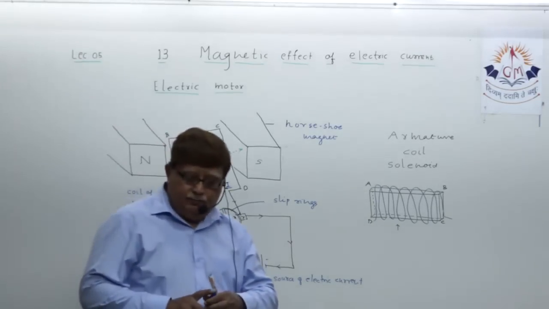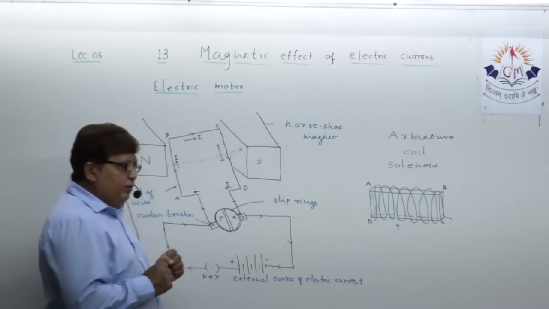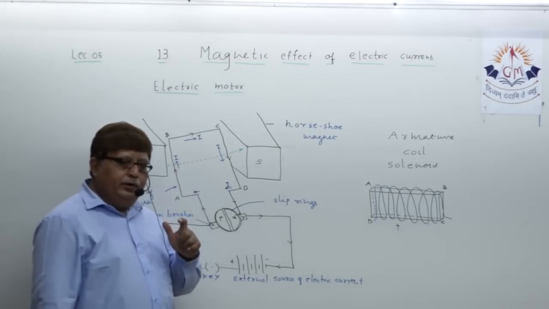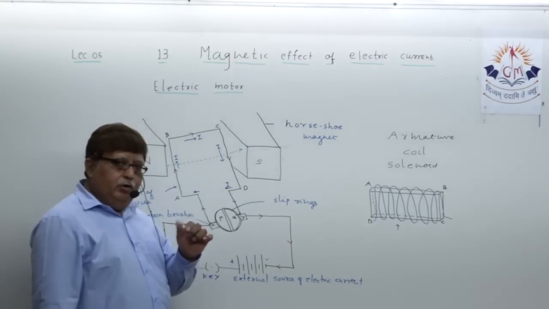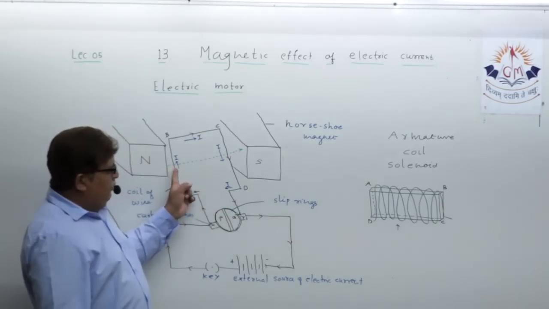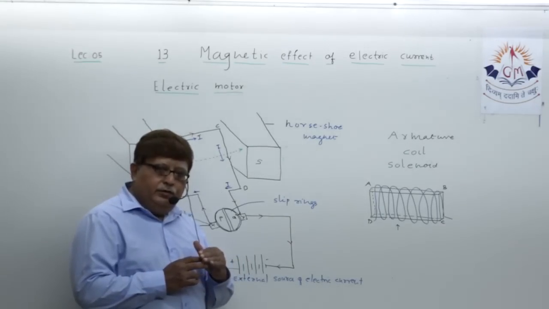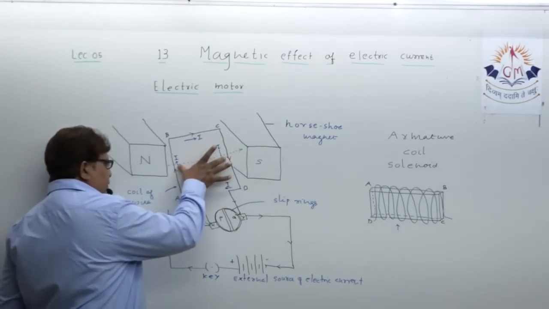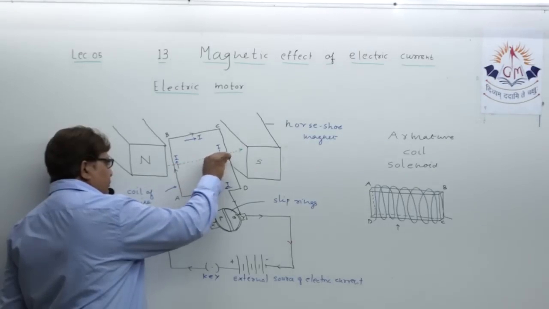So dear student, what you can observe here is this, that if you compare four edges of the rectangular coil of wire, on two edges the direction of electric current is perpendicular to magnetic field.